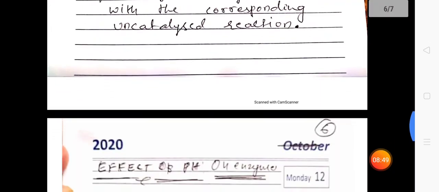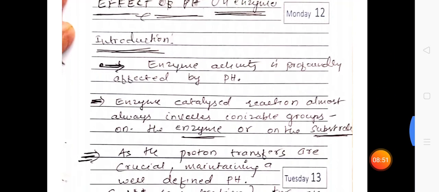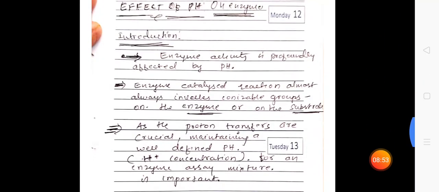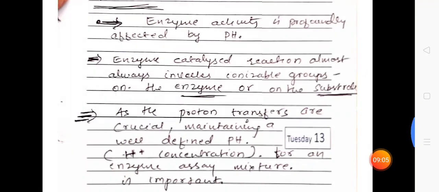Now the effect of pH in this way. What I am showing here is that enzyme activity is profoundly affected by pH, and enzyme catalyzed reactions almost always involve ionizable groups on the enzyme or on the substrate.